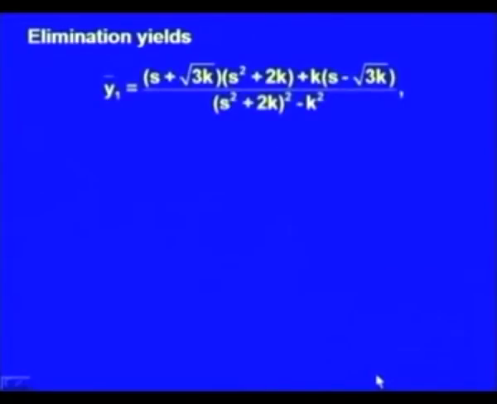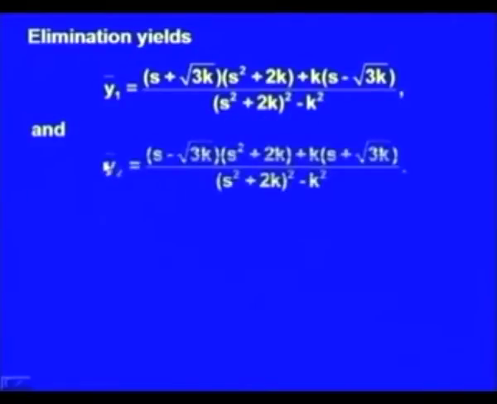And when we eliminate the variable ȳ2 here, we get ȳ1 equal to (s + root 3 k) into (s² + 2k) + k times (s − root 3 k) over (s² + 2k) whole squared minus k², and ȳ2 comes out to be (s − root 3 k) into (s² + 2k) + k times (s + root 3 k) over (s² + 2k) whole squared minus k².